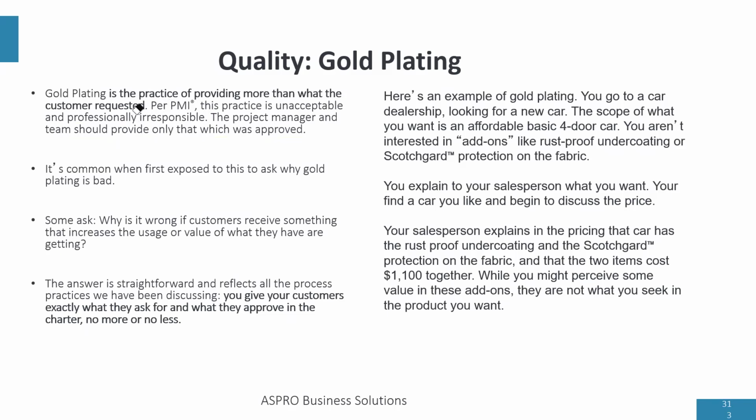So gold plating is when we do things that were not requested, and even though the customer likes it, according to PMI, it is wrong. We do not gold plate. We do not surprise our customer. We don't tell the customer, hey, come and see what I've done to your house, and then show them a surprise. No, we don't do that in project management.